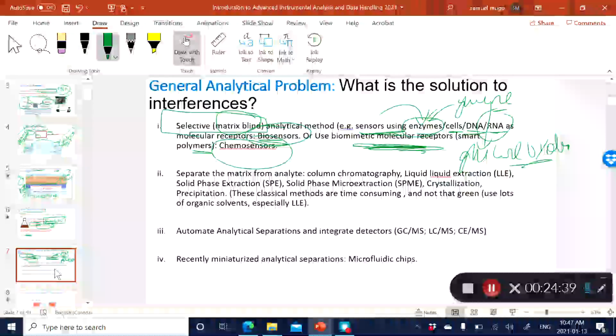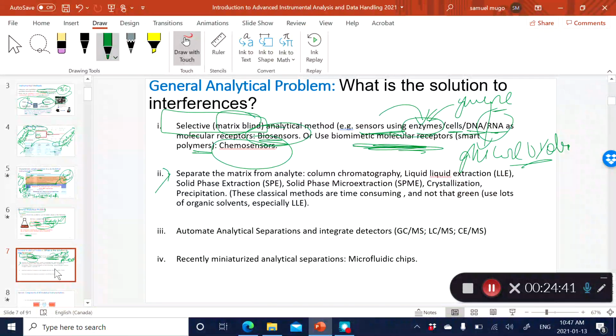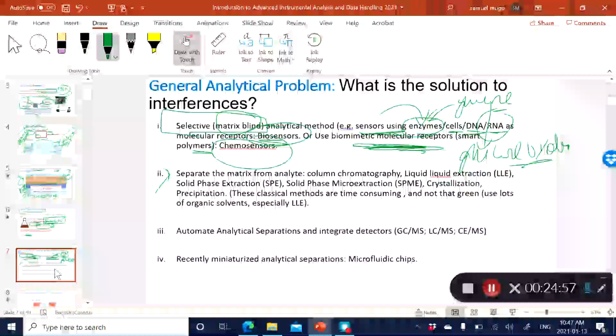So the other solution is to separate the matrix from the analyte. And that is the basis, largely, of classical methods of analysis. As I've said before, those classical methods of analysis have been automated now to become instrumental methods of analysis.